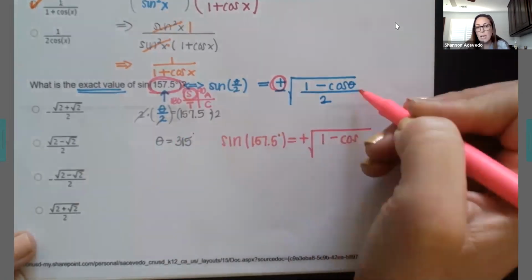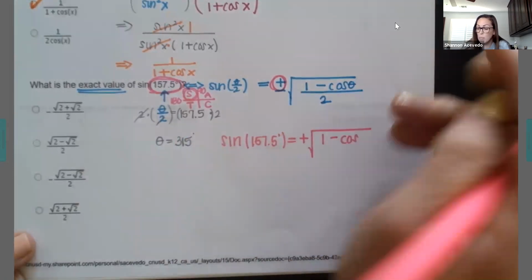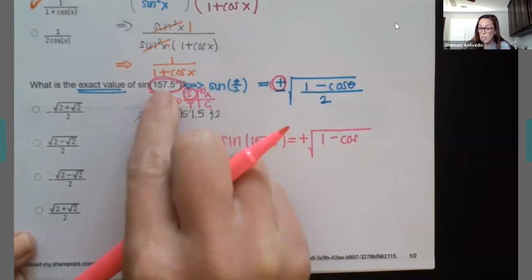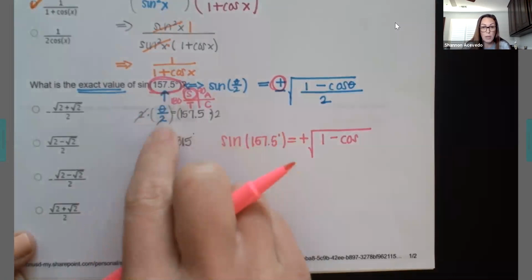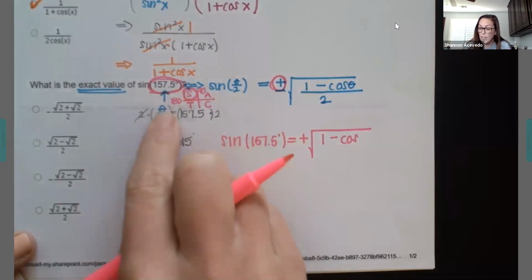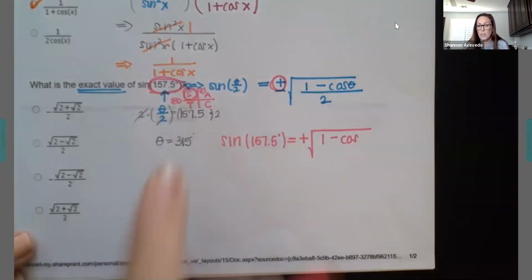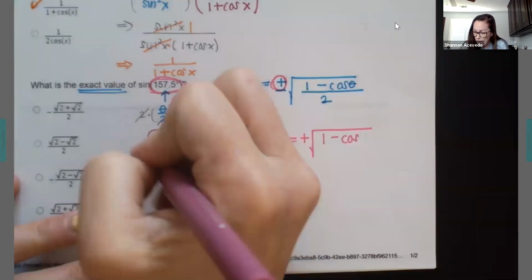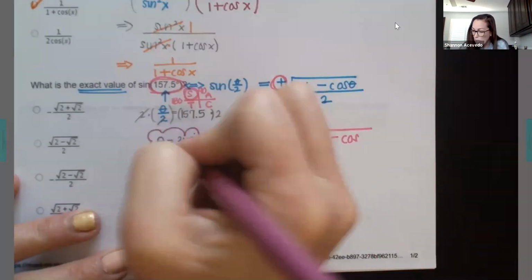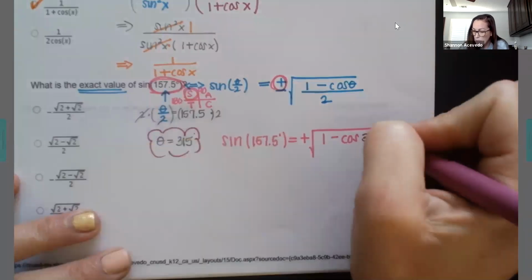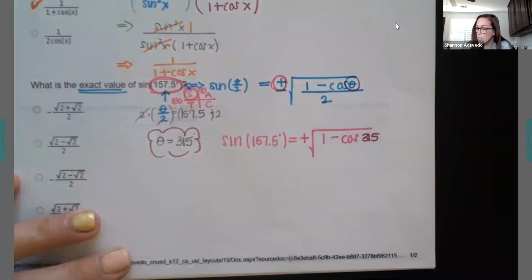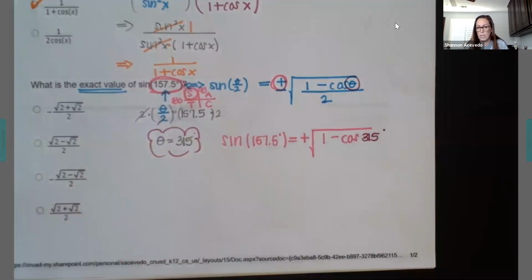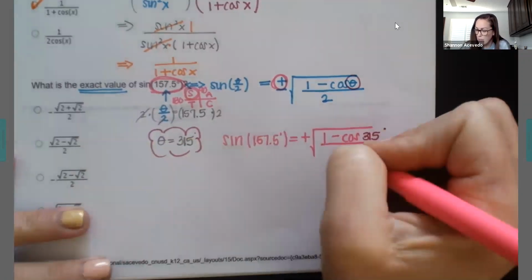Now I have this theta value. This right here is not theta. This was theta over 2, remember? It's theta over 2. Theta is 315. So this theta value is 315. That's what this value is right there. It's 315 degrees divided by 2.